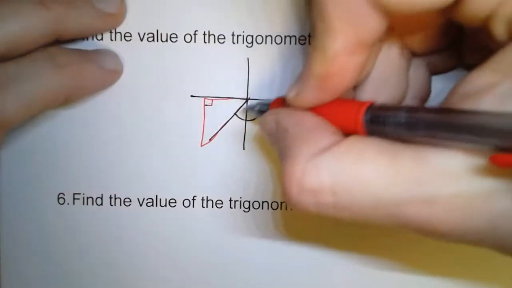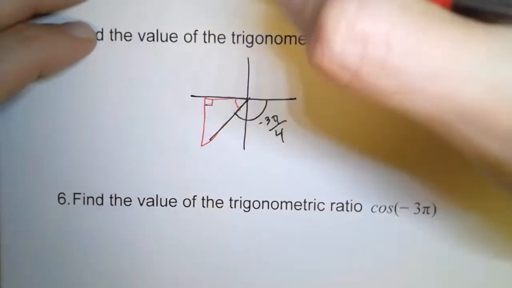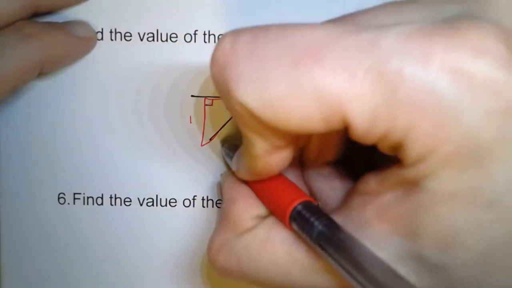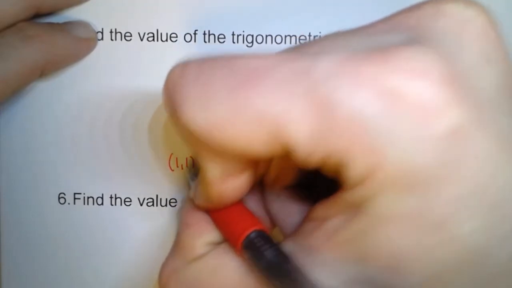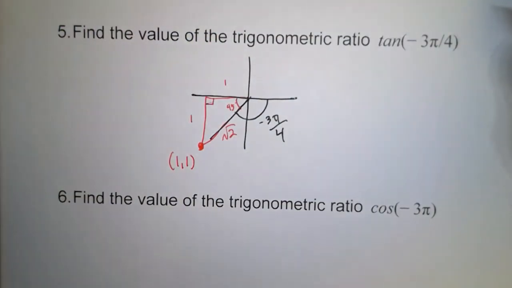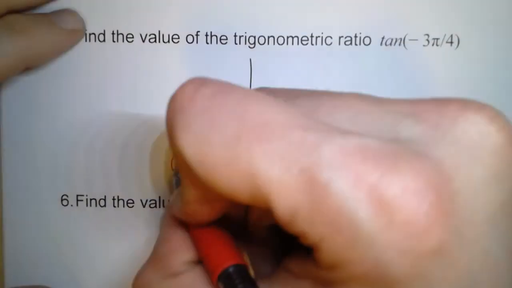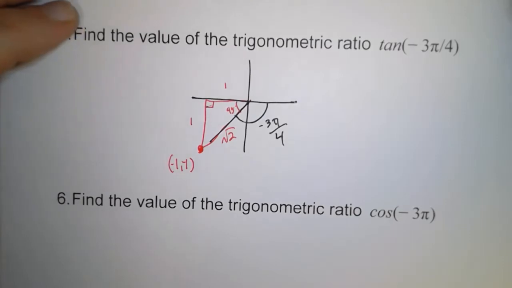So now this is perfectly divided in half. So this angle is pi over 4, or 45 degrees. And so our side lengths are 1, 1, square root of 2. And so this coordinate right here is 1, comma 1. All right. So now, if I want to find, whoops, actually, because it's in the third quadrant, it's -1, -1.